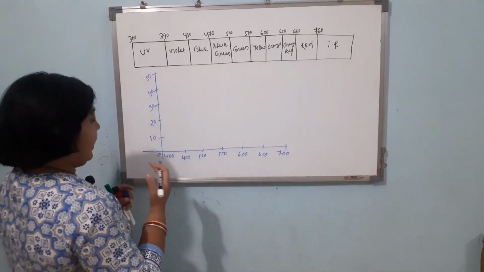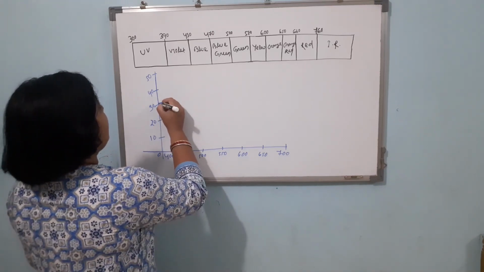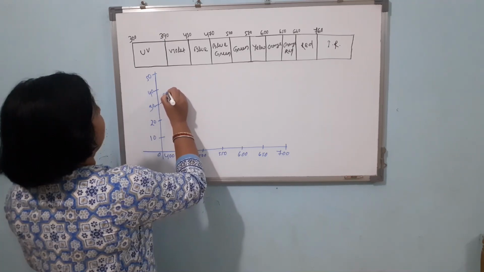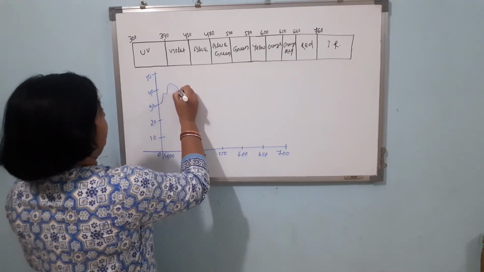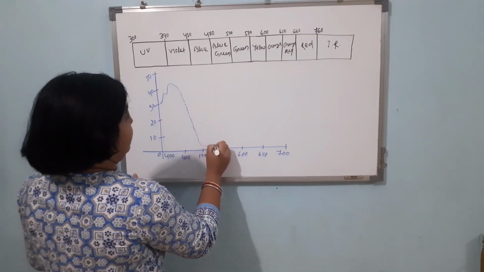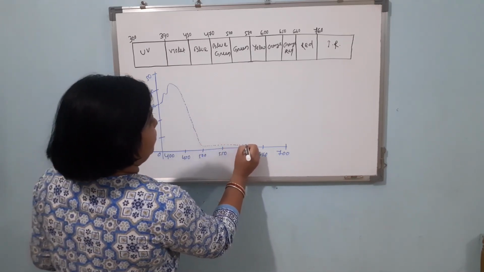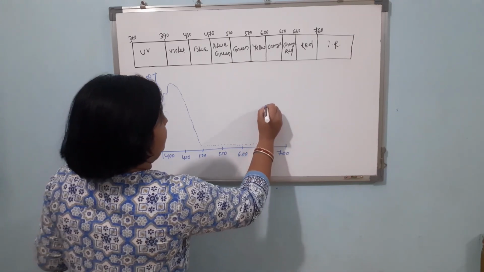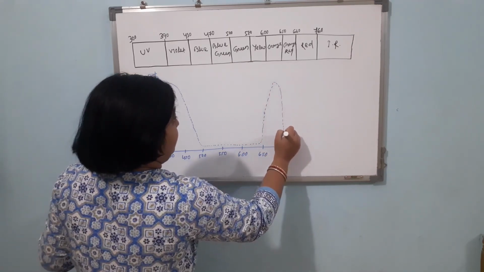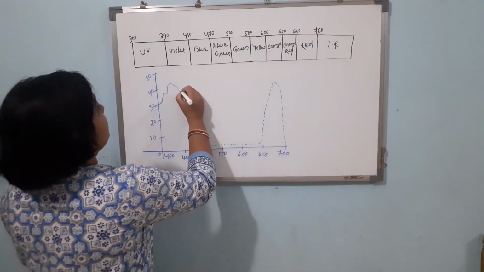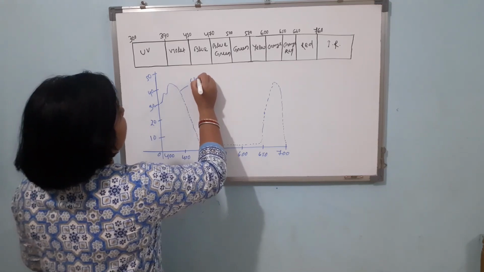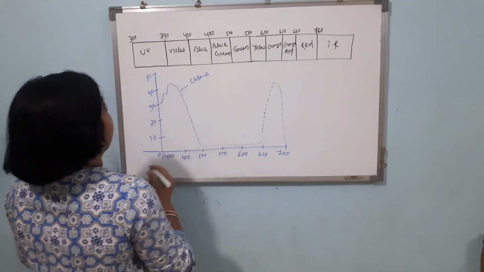This chlorophyll A pigment absorbs light. This is the peak for chlorophyll A pigment.